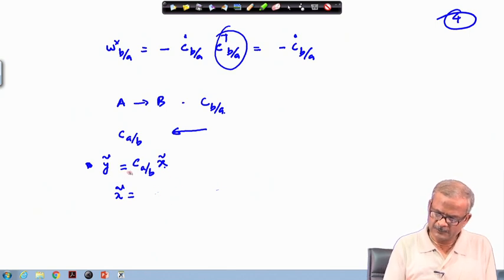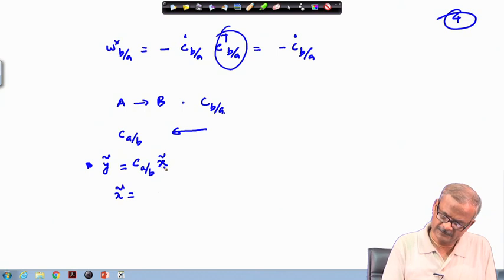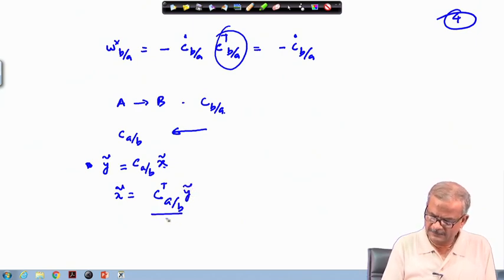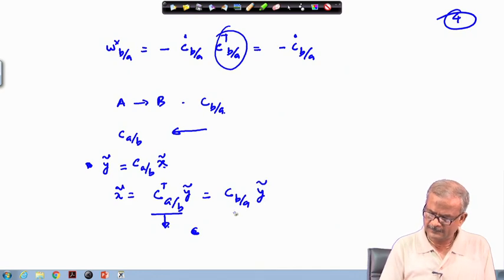So, you operate on both sides by C transpose A B. This will be x tilde, and here we will have C transpose A slash B y tilde, and this quantity is nothing but C B slash A times y tilde.